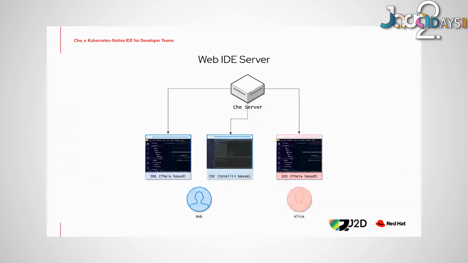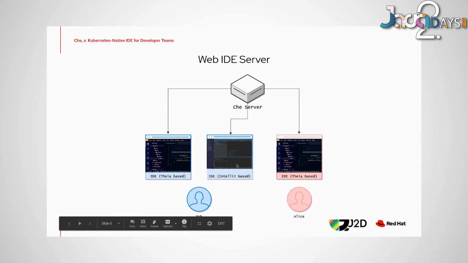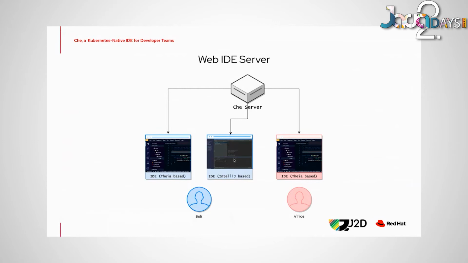So Che is not only based on Theia. You could configure Che to run, for instance, any other web-based IDE. If you have a look at CodeReady Workspaces, which is the Red Hat project behind Eclipse Che, that uses Eclipse Che as an upstream project.